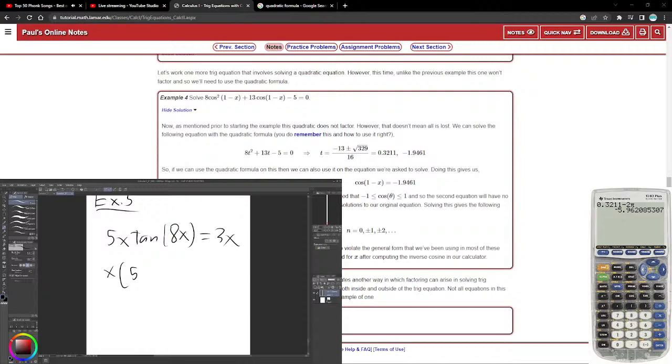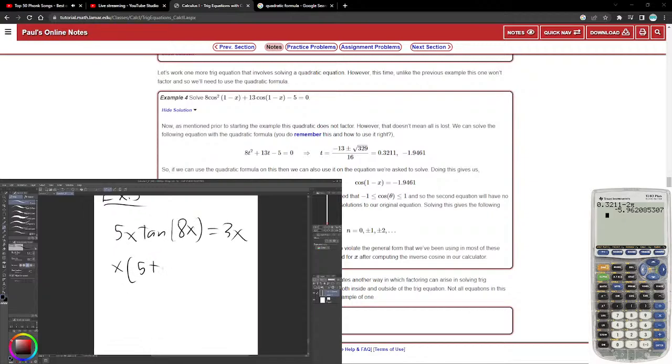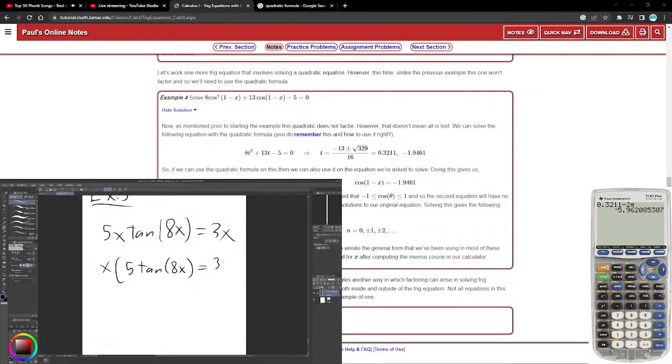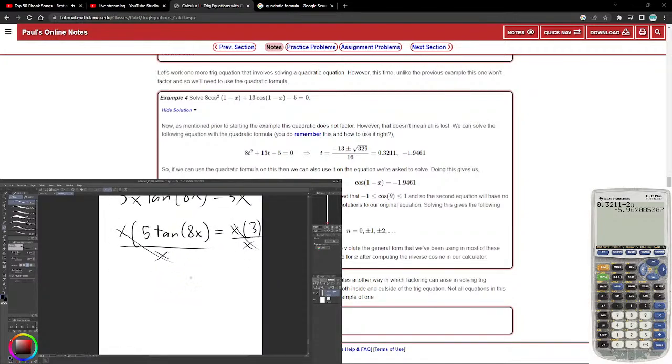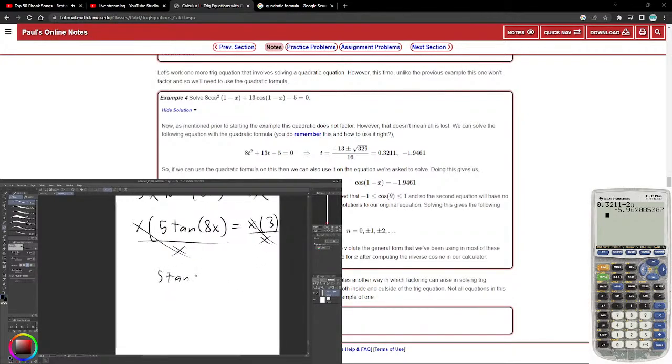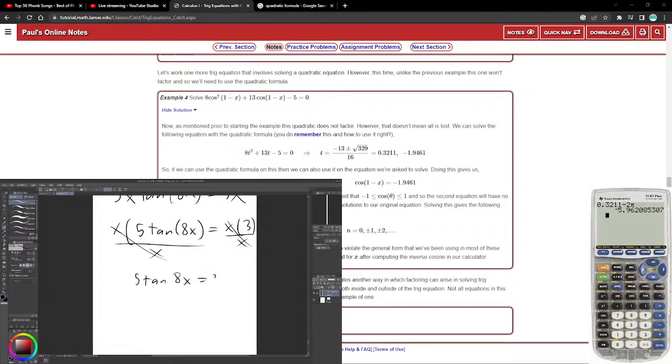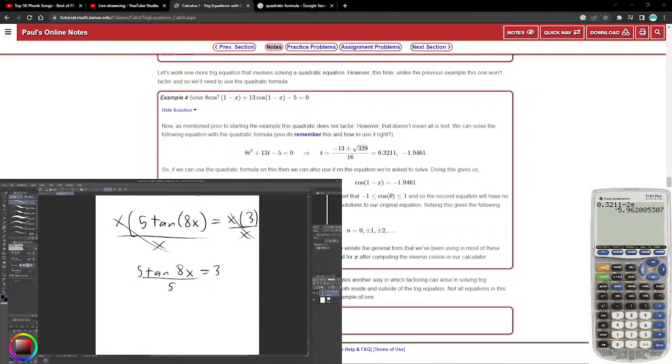Wait, this is one whole term right here. So 5 tan 8x equals 3x divided by x. 5 tan 8x equals 3, divide by 5 on both sides.